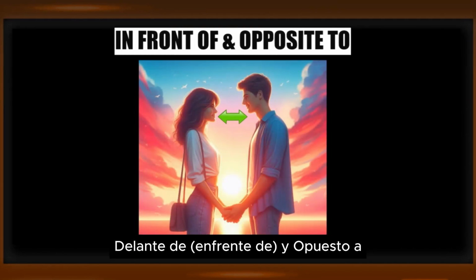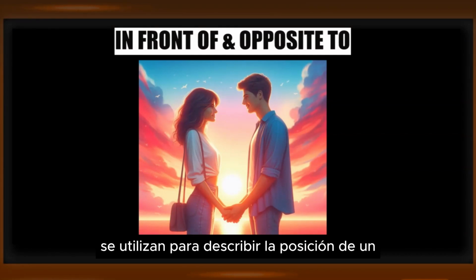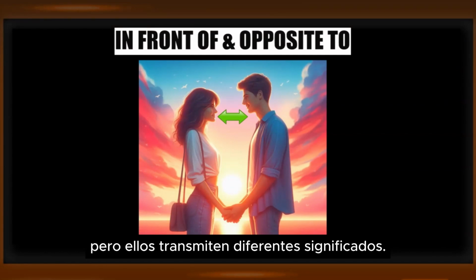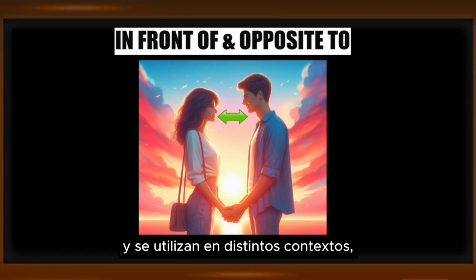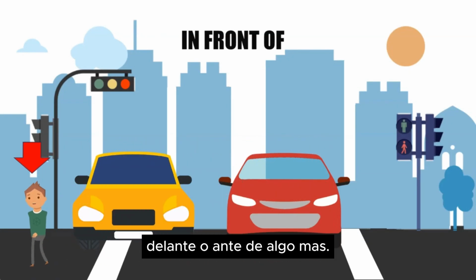In front of and opposite to. Both prepositions are used to describe the position of one object or person relative to another, but they convey different meanings and are used in distinct contexts as we will see below. In front of is used to refer that something is positioned ahead or before something else.